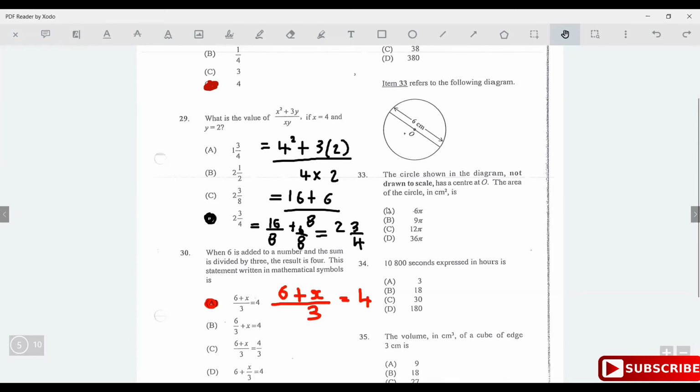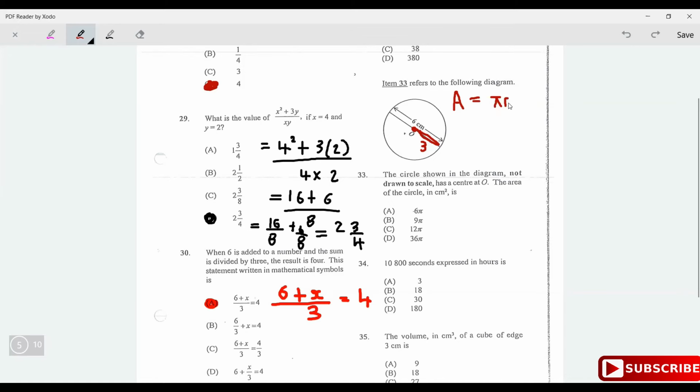Question 33 says the circle shown in the diagram, not drawn to scale, has center O. What is the area of this circle? They give you the diameter, so the radius is 3. Area is equal to pi r squared.